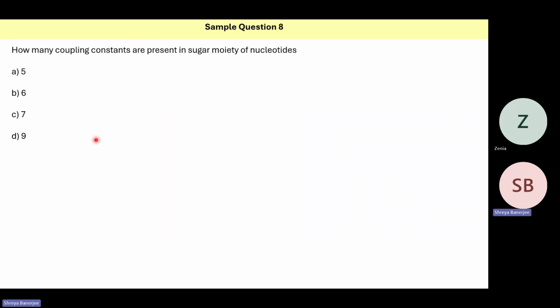The next question is asking, how many coupling constants are present in the sugar moiety of nucleotides?